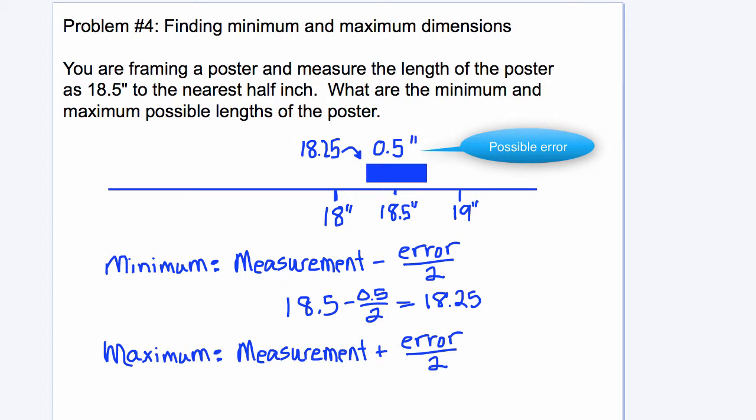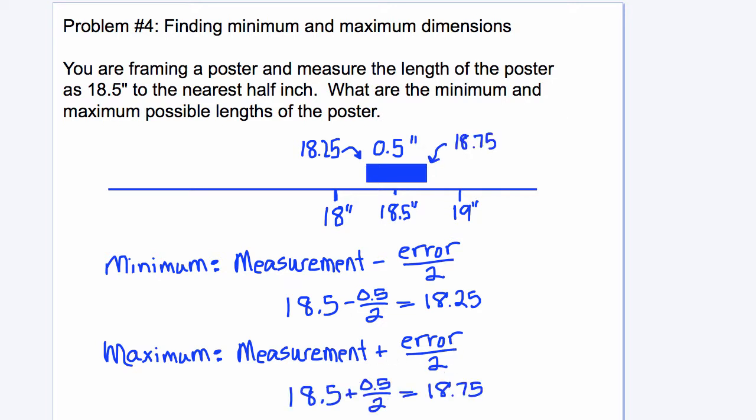So the minimum possible measurement is 18.25. The maximum possible measurement is the measurement that you took, 18.5, plus half of the error. And if you work out that computation, the maximum possible length of the poster based on your error could be 18.75 or 18 3/4 inches.